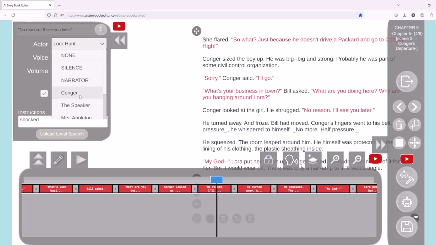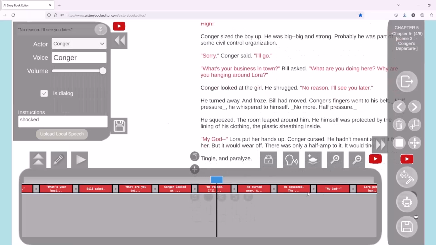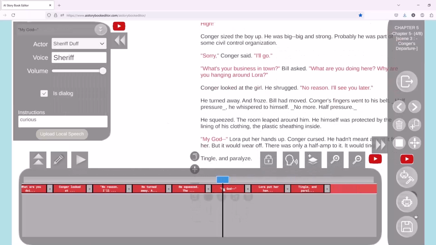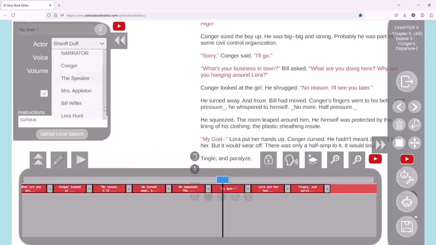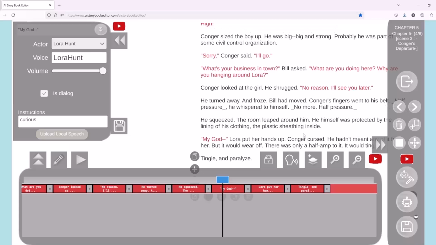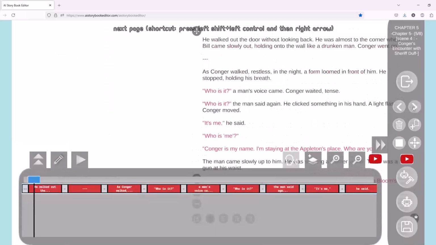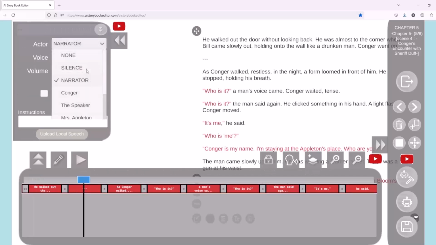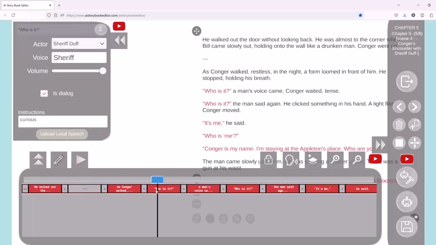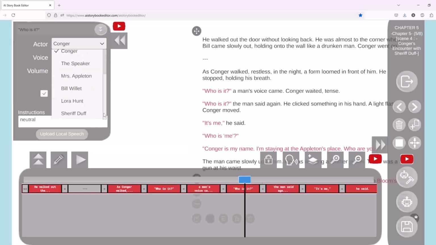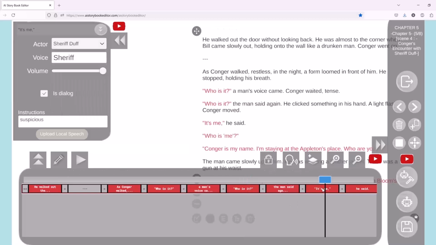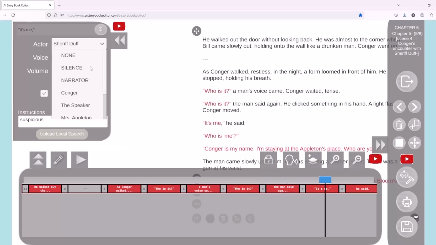Okay, this is Conger and Laura. This is the sheriff, and this is Conger.